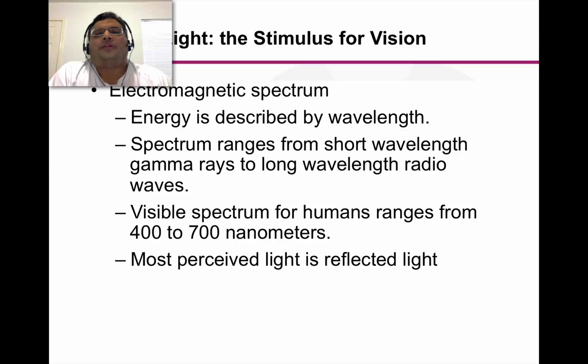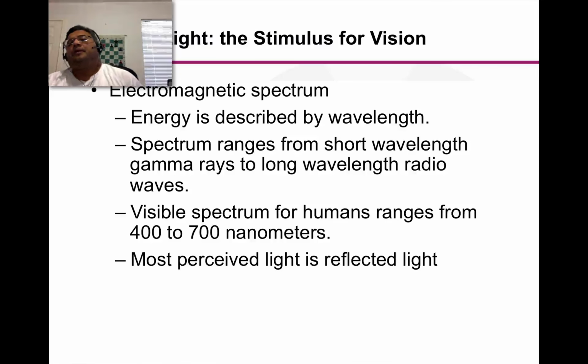There are short wavelengths where the waves are very fast, and there are long wavelengths where the waves are very long and slow. Short wavelengths include gamma rays, all the way up to radio waves, the waves that we use for broadcasting, for example, on the AM radio dial, which are much longer wavelength on the electromagnetic spectrum.